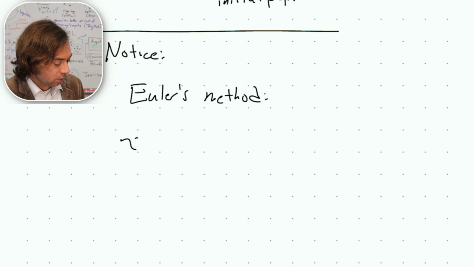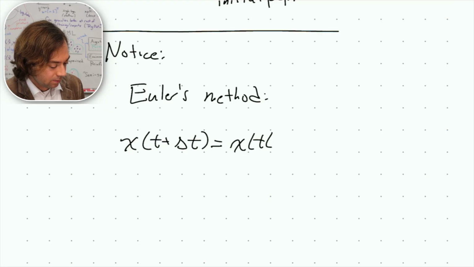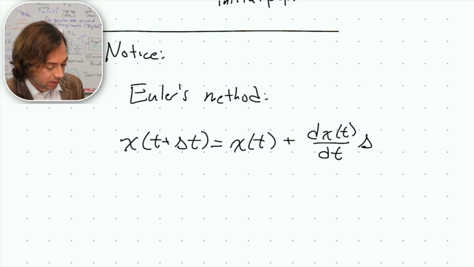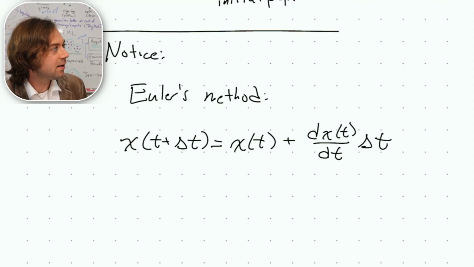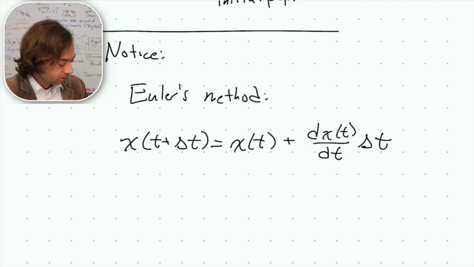We look at x of t plus delta t is equal to x of t plus dx of t dt times delta t, right? We have that Euler's method. All right, a few things we want to notice.